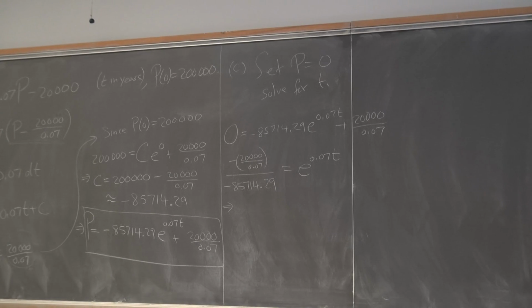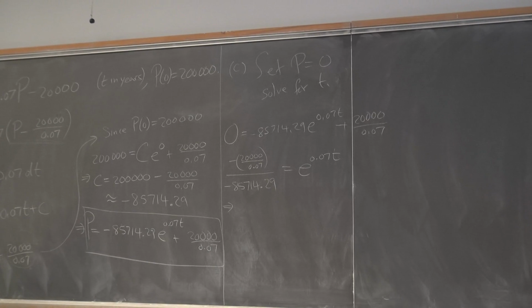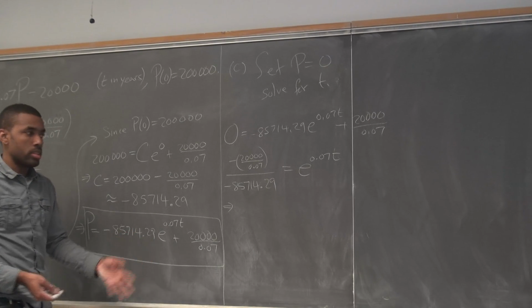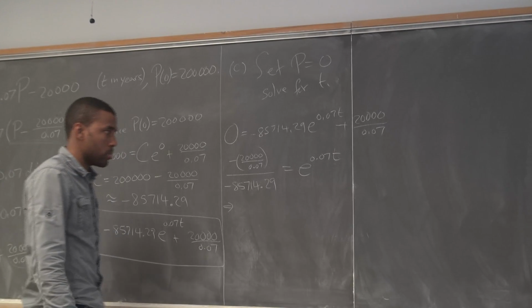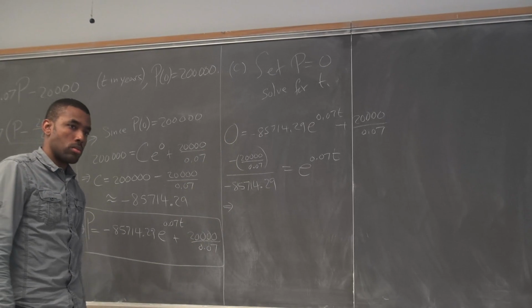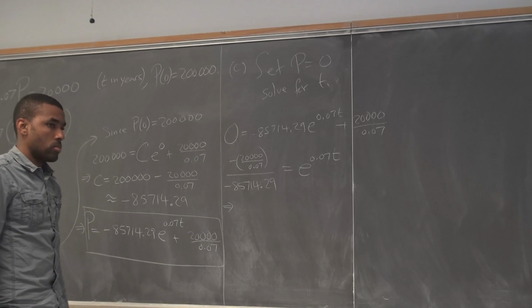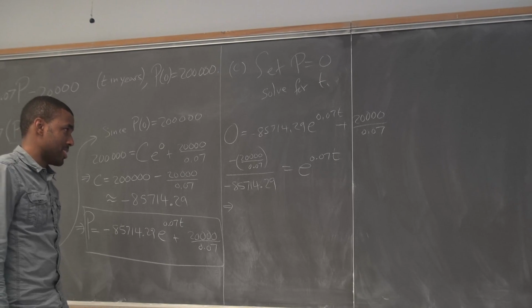Where is that roughly? The exact number doesn't matter. If they expect you to use this, they'll tell you how many decimal places and so on and so forth. But for now, I just want to get through the example. So what's this number? 200,000.